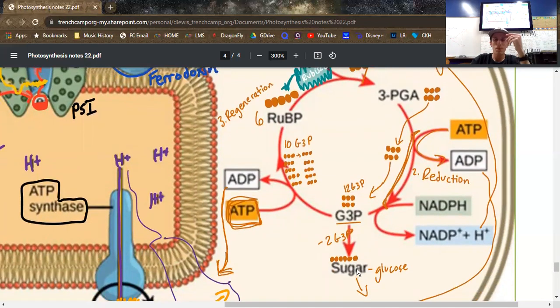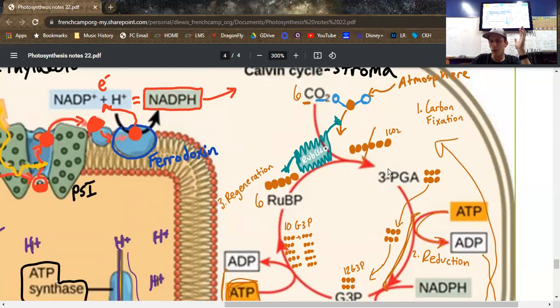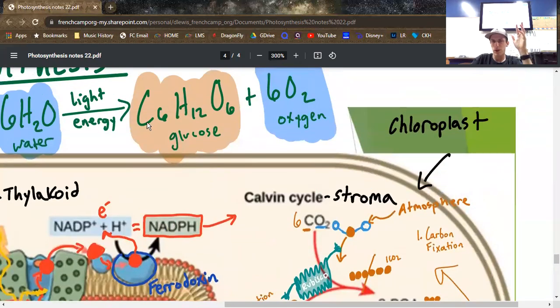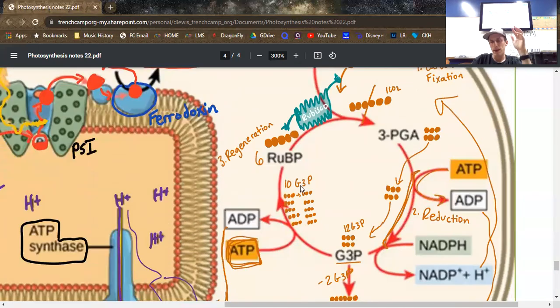And so we had 12 3-PGA up here. We now have 12 G3P here. 12 minus 2, because we're going to lose 2 of these 3-carbon molecules, because 3 and 3 equals 6. And that's what glucose is, a 6-carbon molecule. If we go back up and look, C6 tells us that.